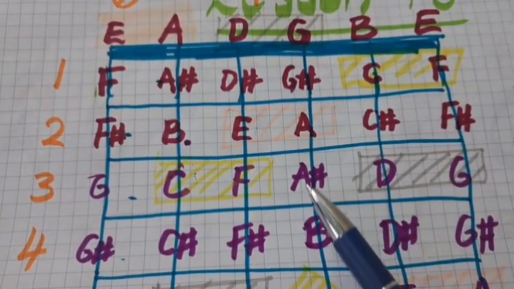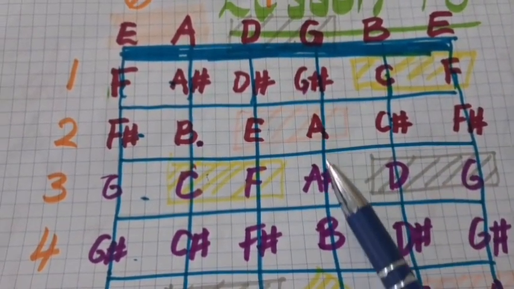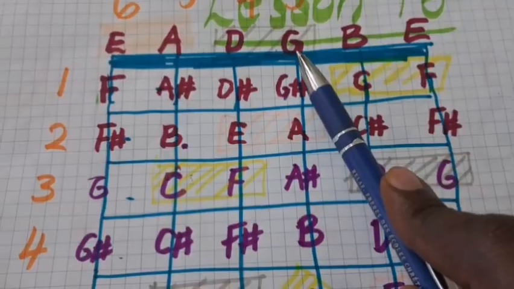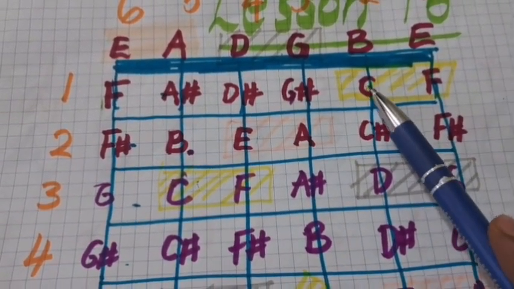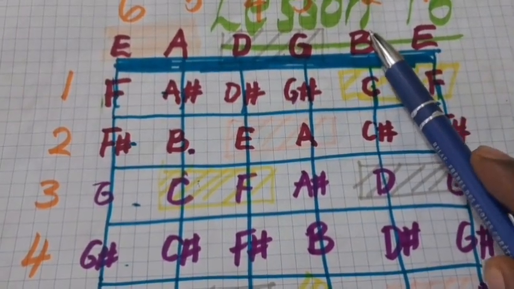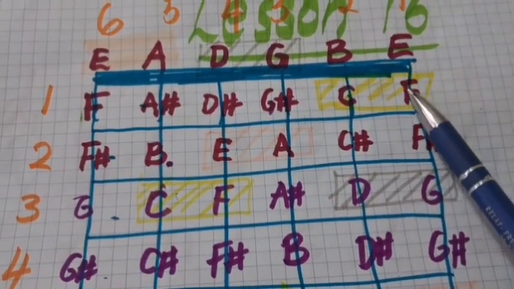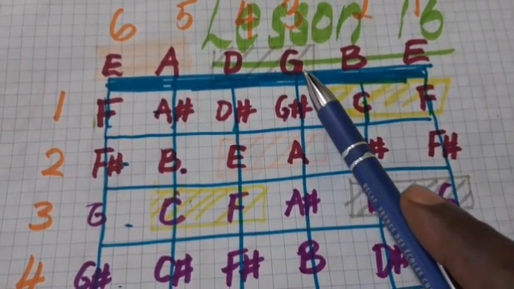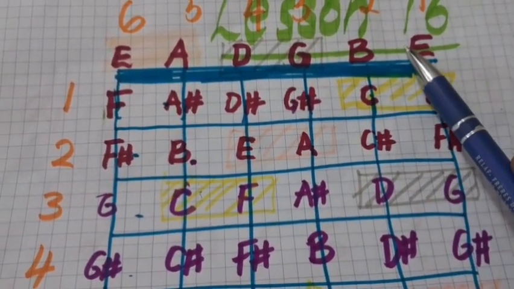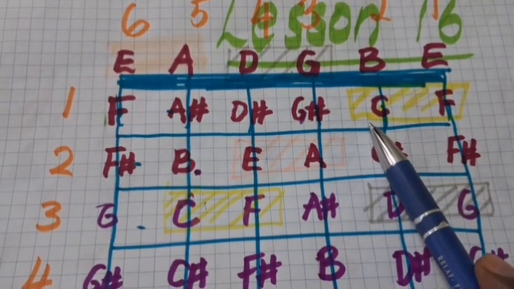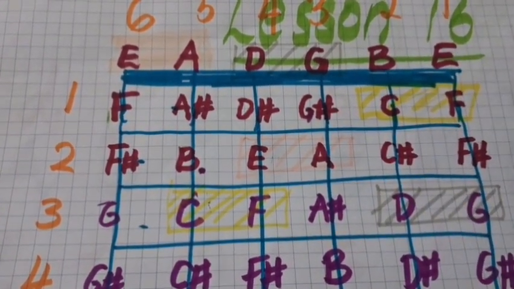Then our C is here, because this is B, so no B sharp, we go direct to C. And then our E is the open E. So we basically have open G, C, and open E.